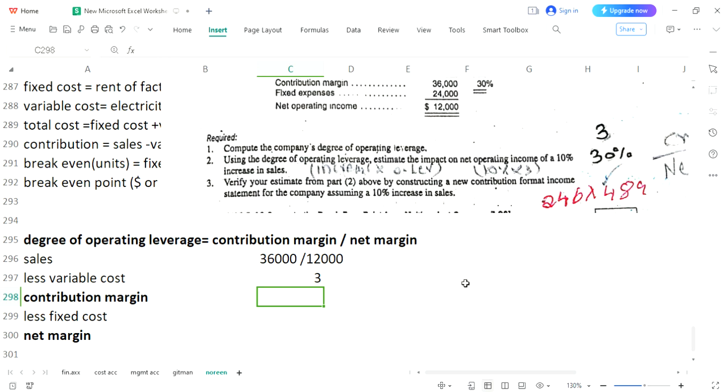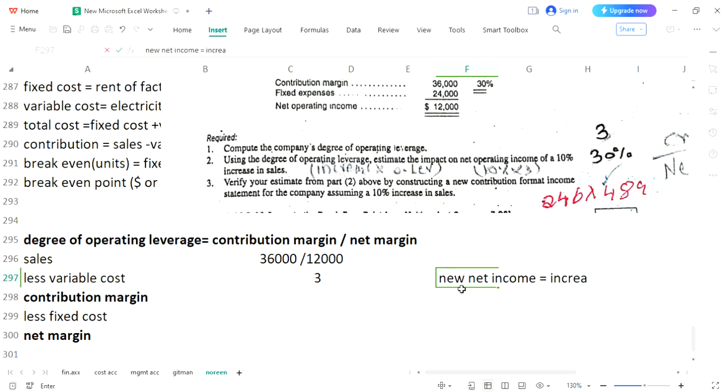Please keep it in mind, if you want to predict your new net income, what you will do, your old or increase in net income, and it would be multiplied by degree of operating leverage.